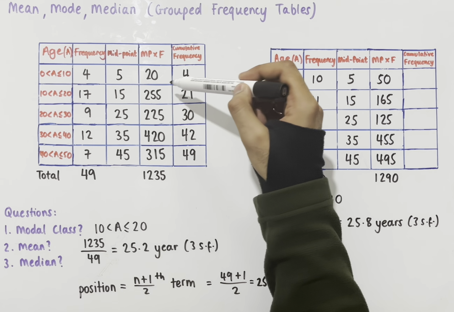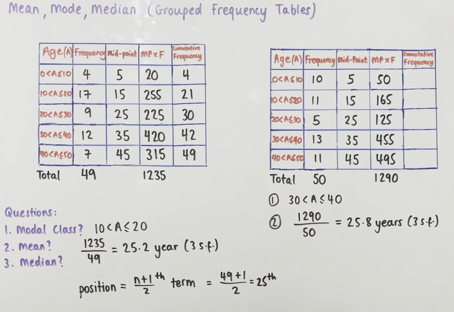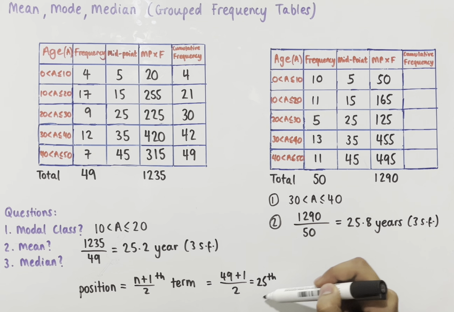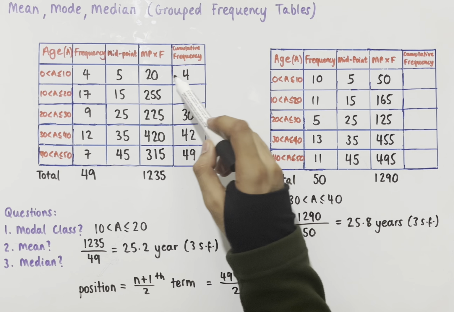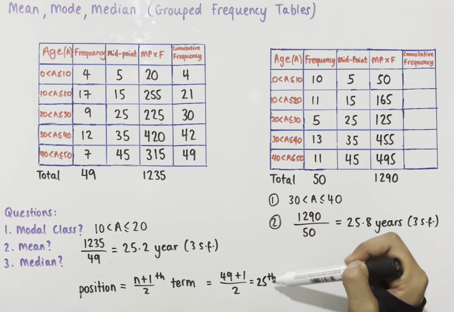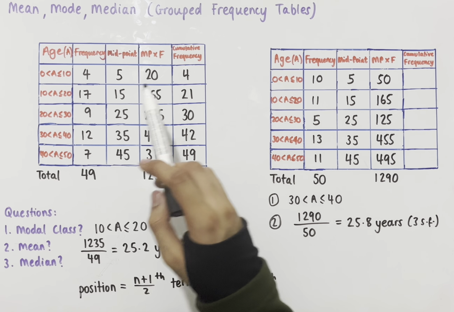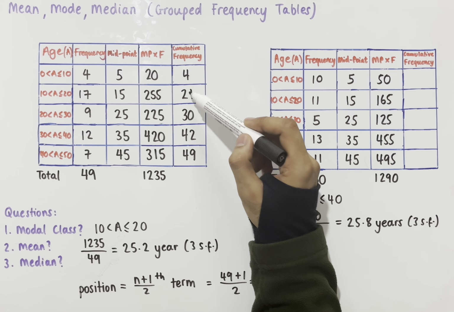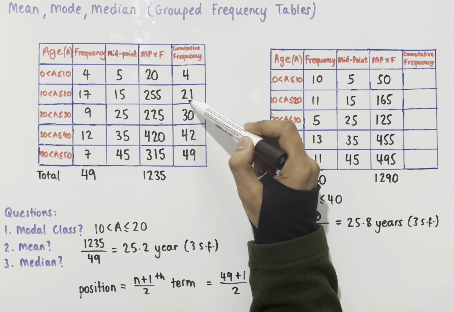So if we look back at the cumulative frequency, to get the 25th term, we need to count along until we get to 25. So in the first row, we have a cumulative frequency of 4, and so we haven't passed 25 yet. Therefore, the median can't be in the class between 0 and 10. Then if we look at the second row, we have a cumulative frequency of 21.